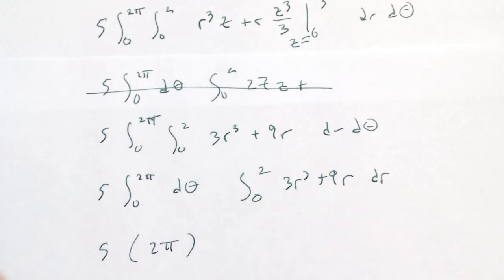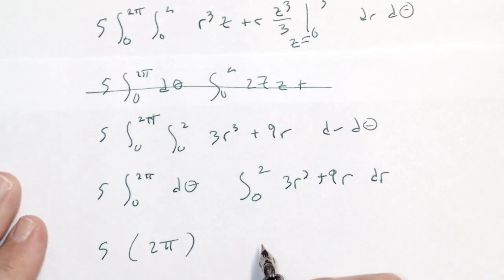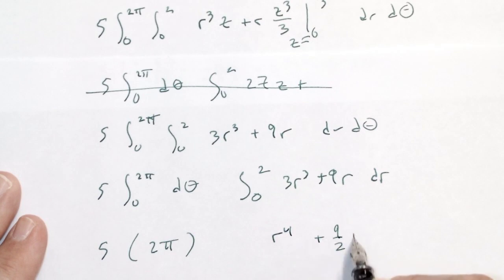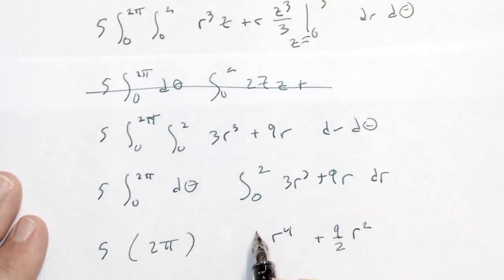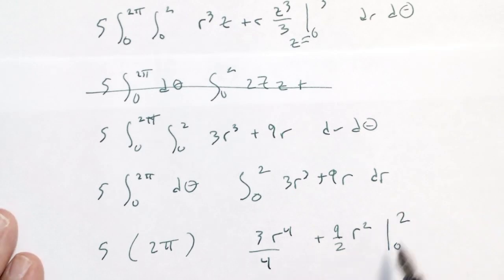What does this give me? Almost. And that's evaluated from 0 to 2.